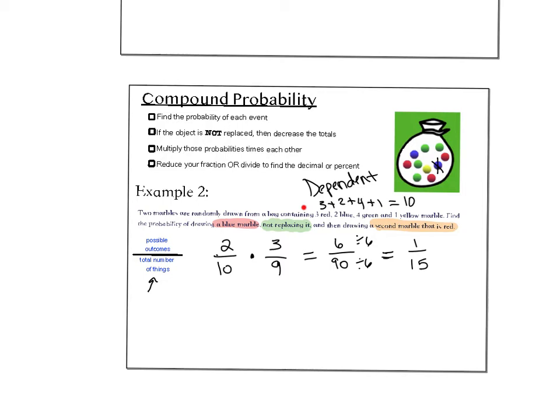That means that if we don't replace this marble that we pull from the bag, then our second event changes depending on not returning that marble. So we went from 10 total marbles, but we didn't put that blue marble back, so now we only have 9 marbles. All right.